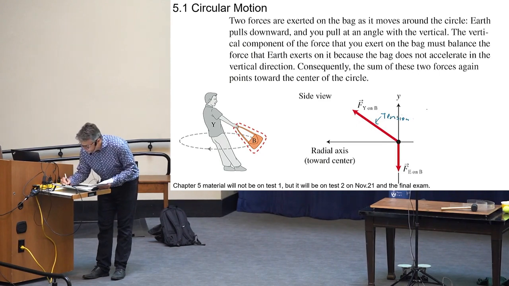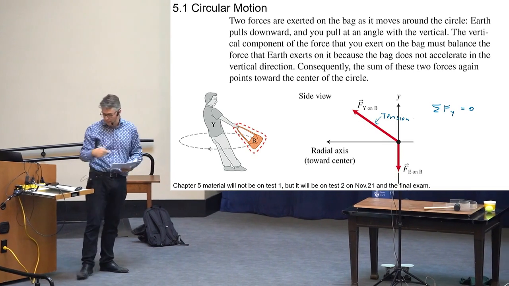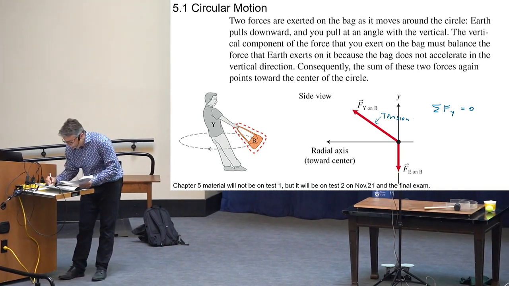And I would say that the sum of the forces in the y direction should equal 0 because the bag's not accelerating up or down. But in this r direction, the sum of the forces in the r direction is greater than 0.